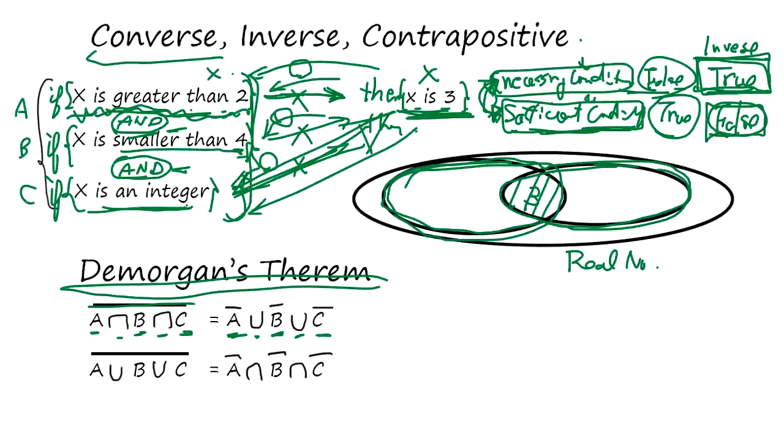Okay, what it does is, okay, this is A, let's change the color. This is A, and we deny that. No, A and B and C, right? And it's only this area. You deny that means everywhere else.